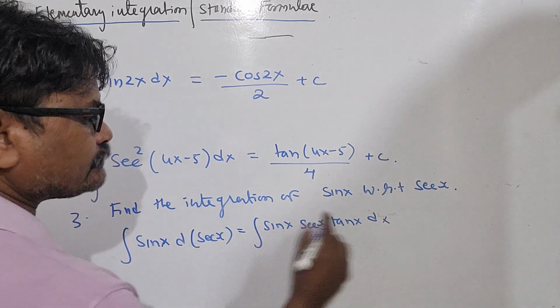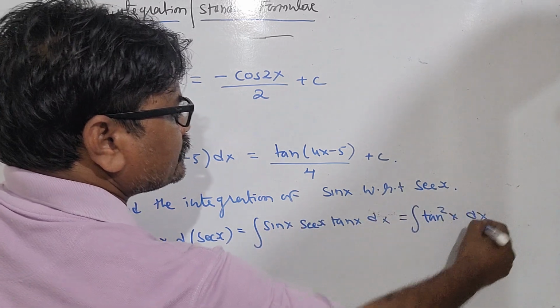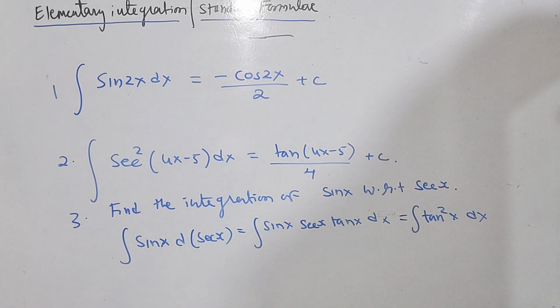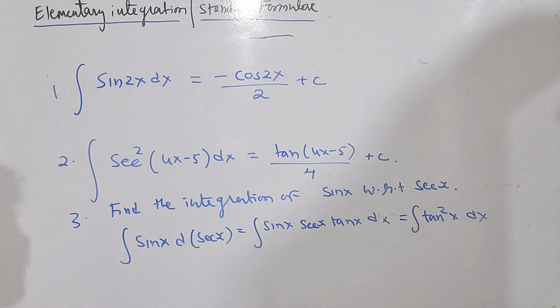So this will be integration of tan square x dx. See, I cannot integrate the tan square x function because we don't know the function whose differentiation is tan square x. We have to convert it.